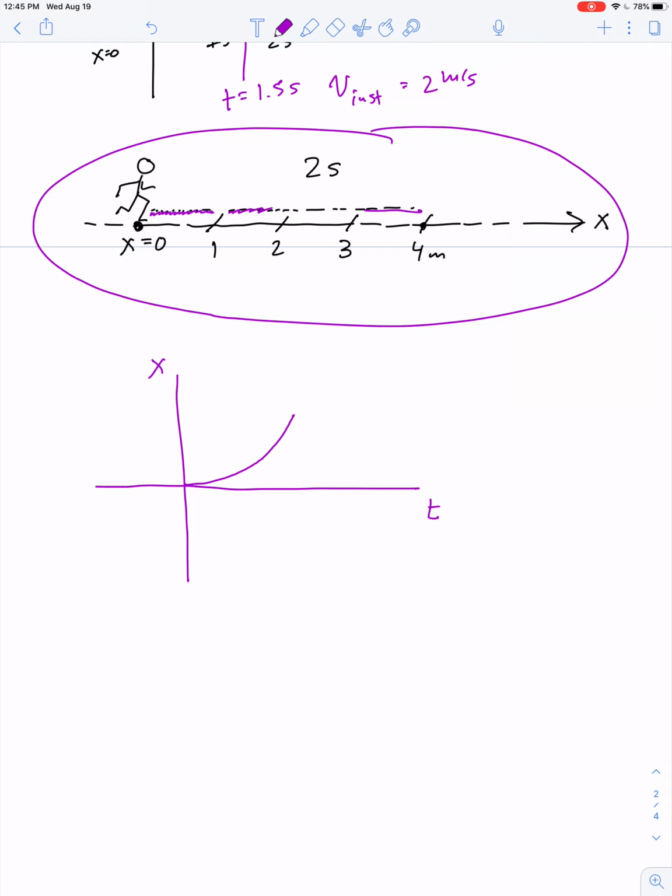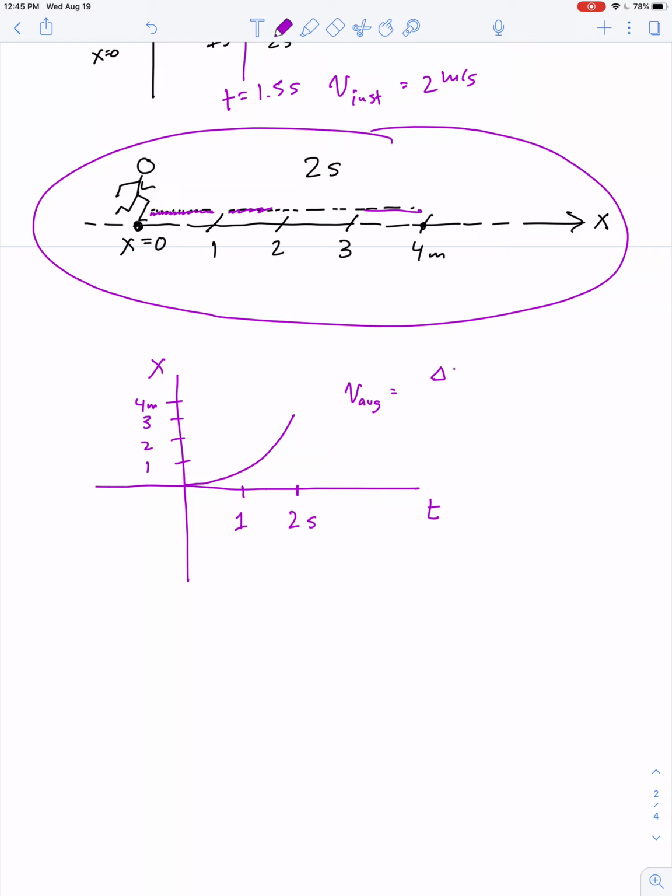Now in this case, let's say they still covered the total distance in a time of 2 seconds, and the distance was still 4 meters. And so I say, what's the average velocity? Well, it's the same thing.